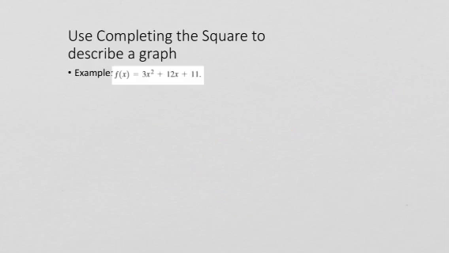The next example, we notice that in this case a is not 1, and so we have extra work to do. So we're going to start off and we're going to move our 11 to the other side, just like we did before. So I have 3x squared plus 12x, leave a space, equals negative 11.